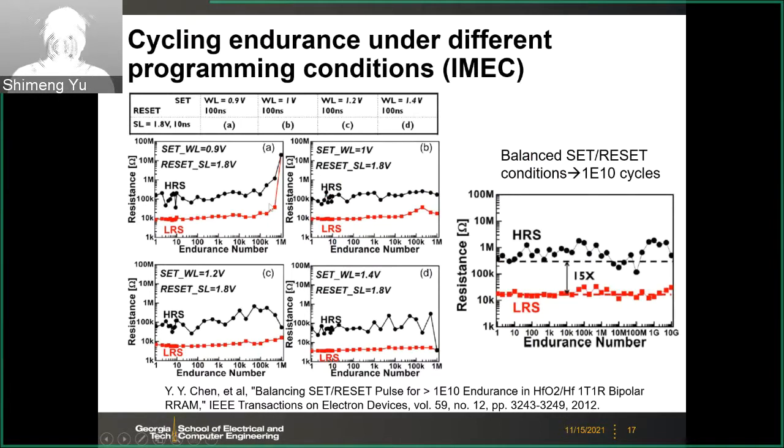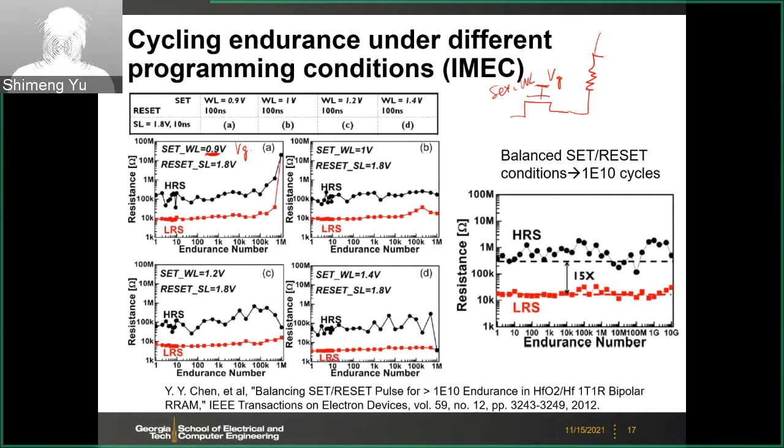Depending on the set and reset pulse amplitude, for example here, we gradually change the set. This is the set word line. Actually, that means the gate voltage Vg to the transistor. Word line controls the Vg. This is a set WL voltage, and then you have the resistor.